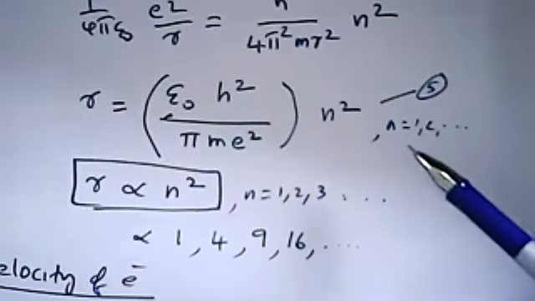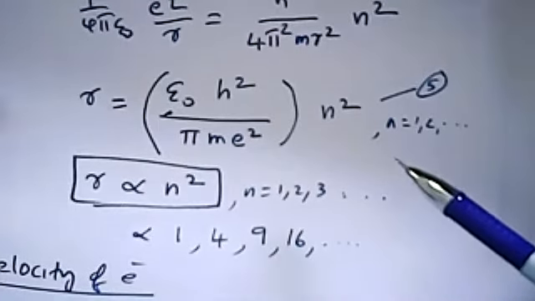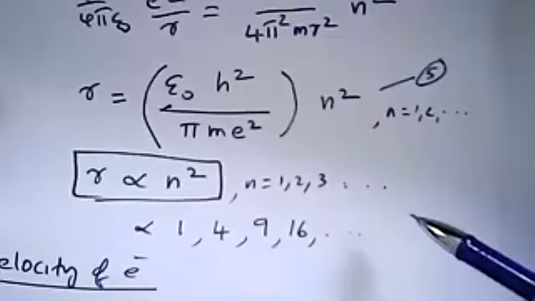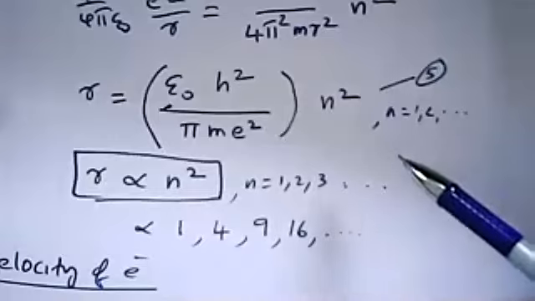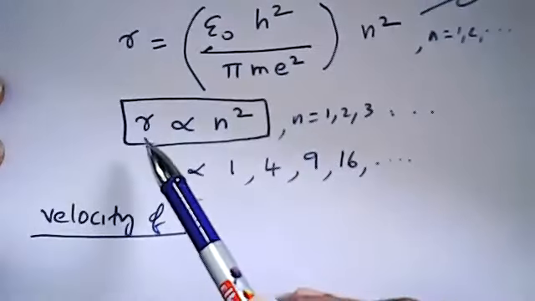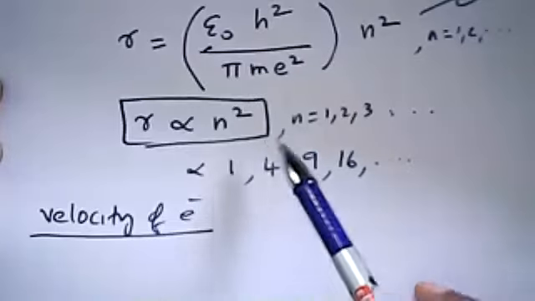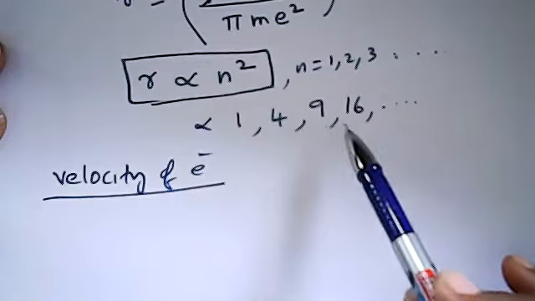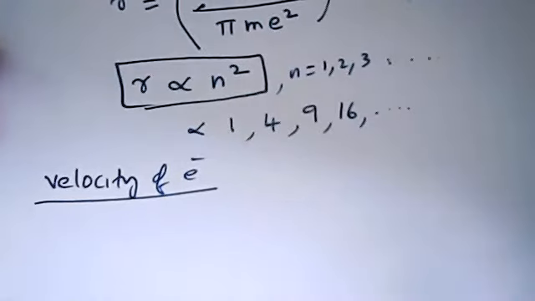The reason for the name I will explain later. From this we know that R is proportional to n square, so R is in the ratio 1 is to 4 is to 9 is to 16.